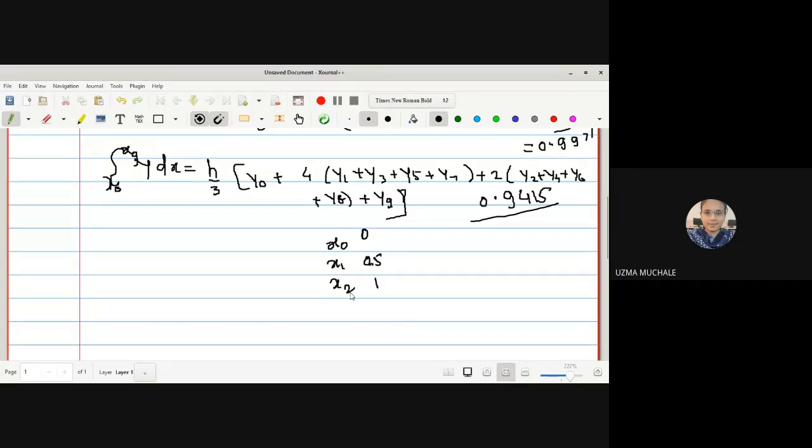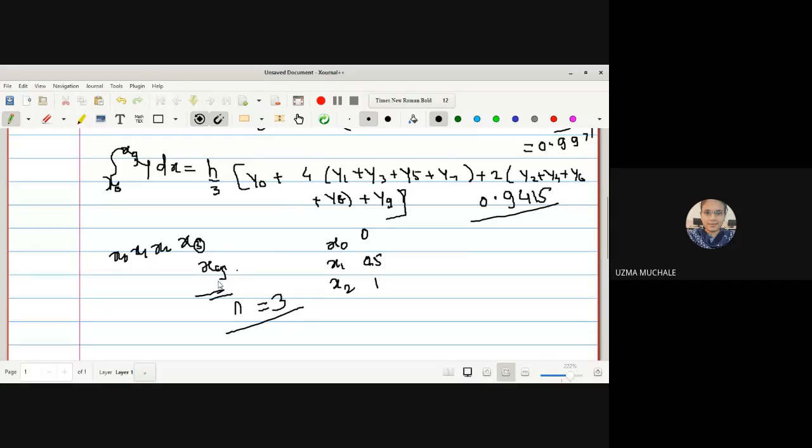So you can use the 3/8 rule only if n is a multiple of 3. What do I mean by that? We should have at least 4 values, that is x0, x1, x2 and x3, and n should be a multiple of 3. Here we have x9, and 9 is a multiple of 3. Hence we can use Simpson's 3/8 rule.